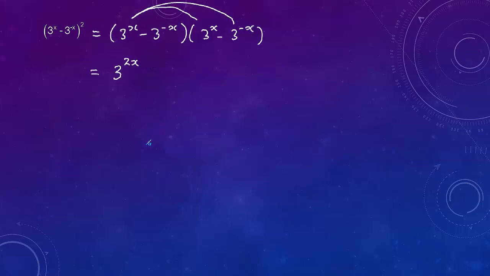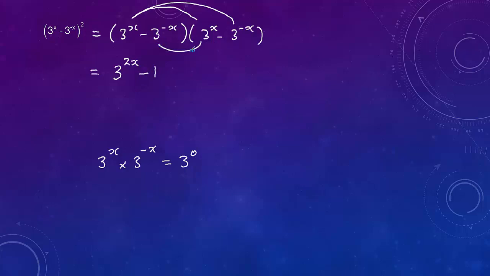Then 3 to the x multiplied by 3 to the negative x. Well, x add negative x is 0, so it's 3 to the 0, which is just 1. And note, this one's positive, this one's negative, so that's going to be take away 1.